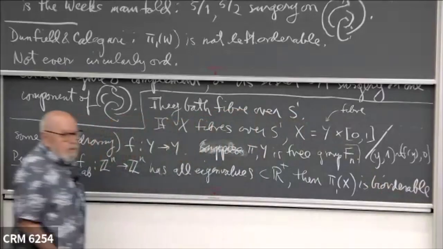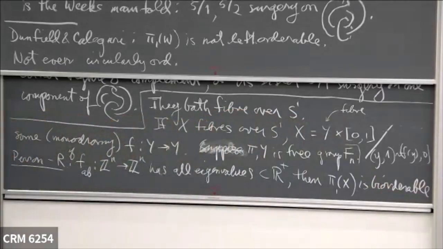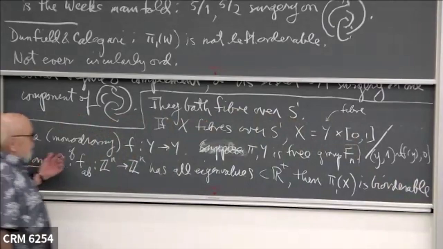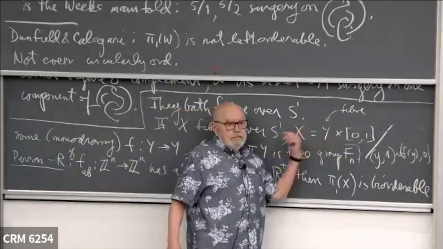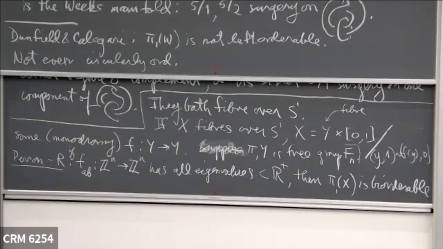Does that work for every free-group automorphism or just one that comes from the circle? Well, if you have any free group automorphism, you can define a corresponding fibration.